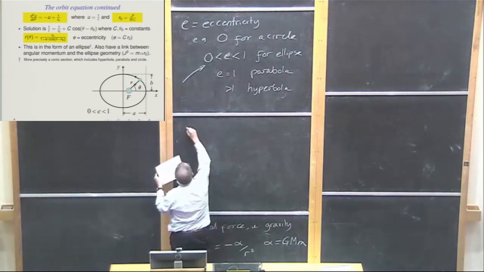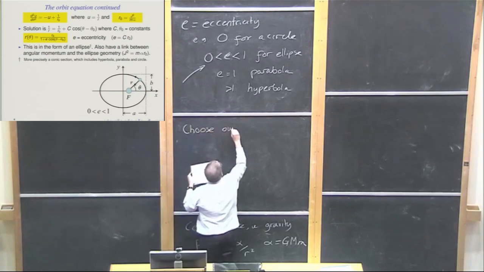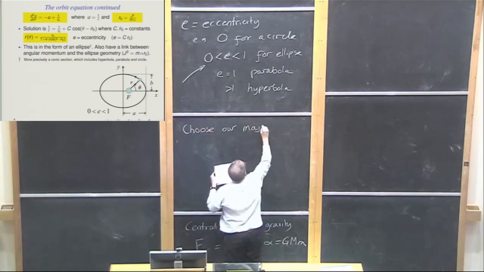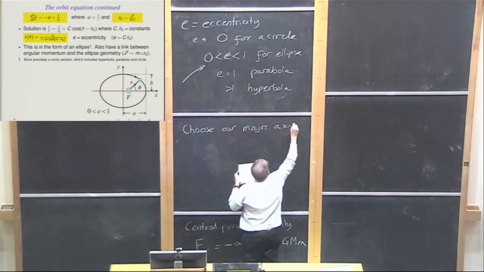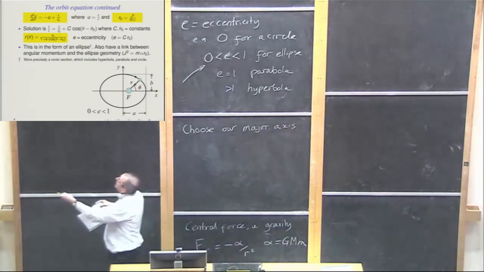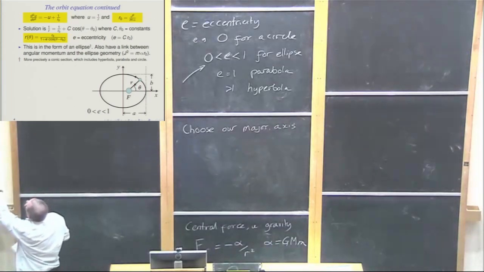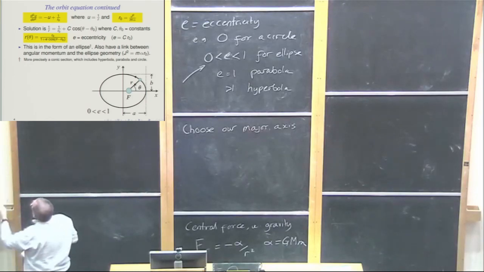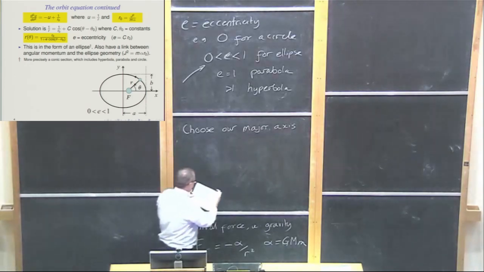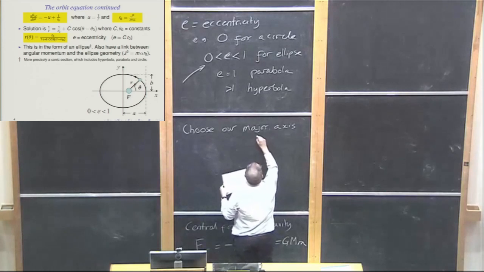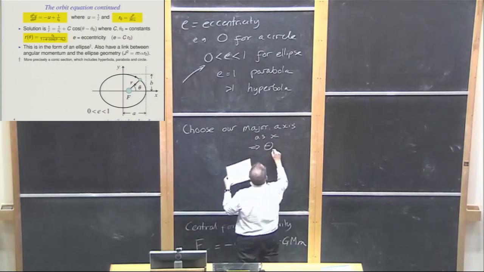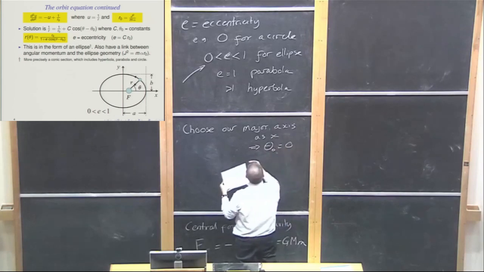So what we'll do, we'll choose our major axis. An ellipse has two axes. The major one is the longer one. This is the minor one. We choose our major axis to be x, and this will imply theta 0 equals 0, i.e. no tilt.